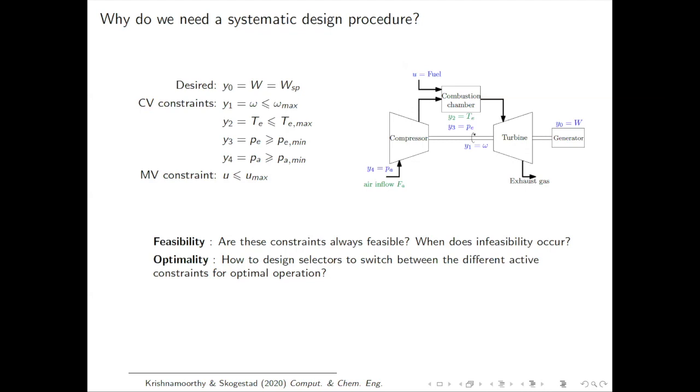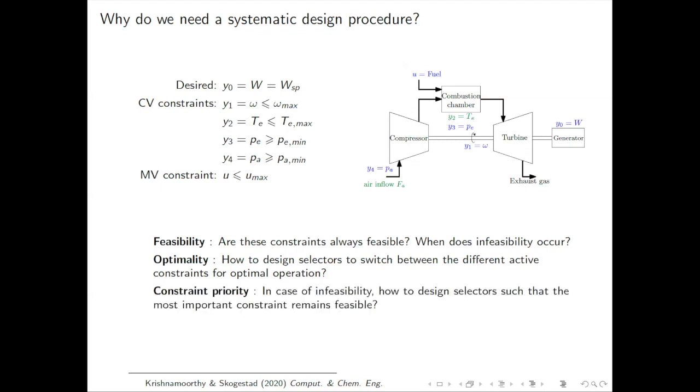Secondly, in order to achieve optimal operation and switch between the different active constraint controllers, it is not clear if we should use a maximum selector block or a minimum selector block, or if we should use a combination of a max-min selector or a min-max selector in series. And finally, in the case of infeasibility, it is not clear how to design the selector blocks such that we can guarantee that the most important constraint remains feasible.